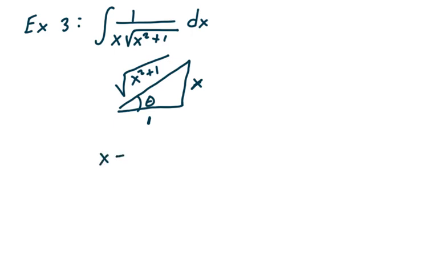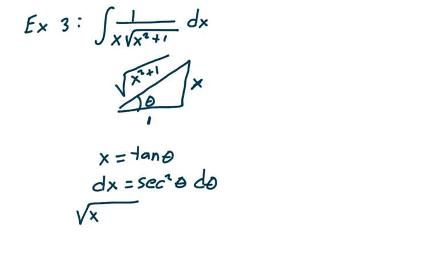And so x equals tangent theta. dx is secant squared theta d theta. Okay? And the square root of x squared plus 1 is equal to secant theta. Now, this is all substitution all the time.